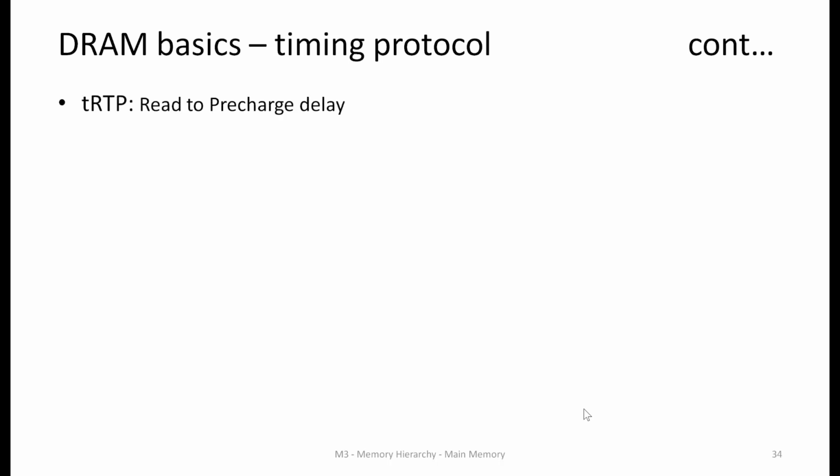Apart from the timings we have seen so far, we have a few other additional timing constraints. We have TRTP, which is read to precharge delay. This is the minimum time we need to wait between a read cache and a precharge.